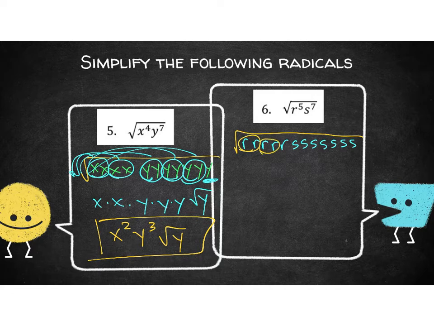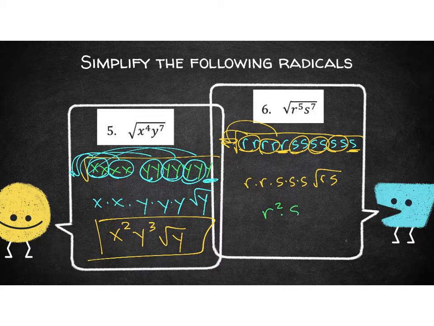Here's 1, 2 pairs of r with 1 left over, and 1, 2, 3 pairs of s's with an s left over. So underneath my radical, I have an r and an s. So outside, that leaves me with r squared times s to the third, and underneath, that leaves me with an r and an s. So that's my simplified expression.